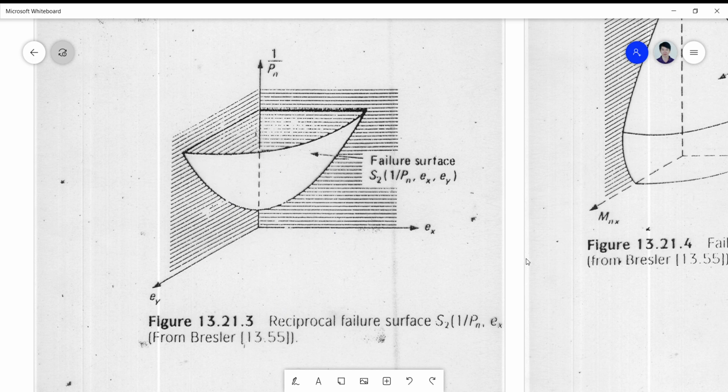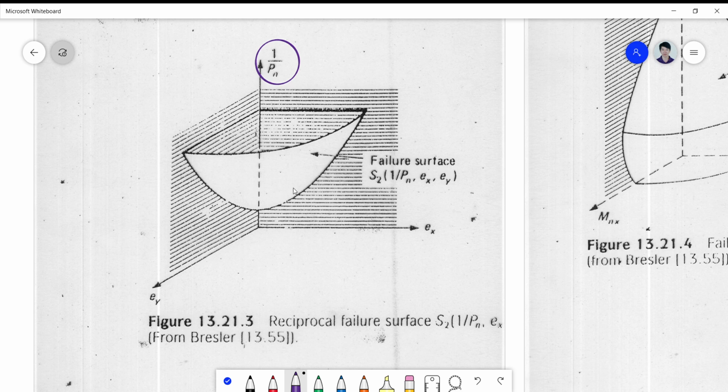Instead of having a Pn axis, Bresler made a 1 over Pn axis here. The purpose of which is to make the error much more tolerable, because of putting the concavity in the reverse direction.